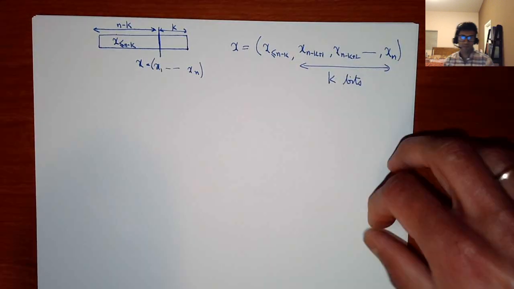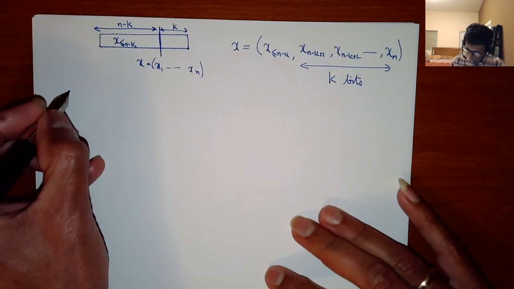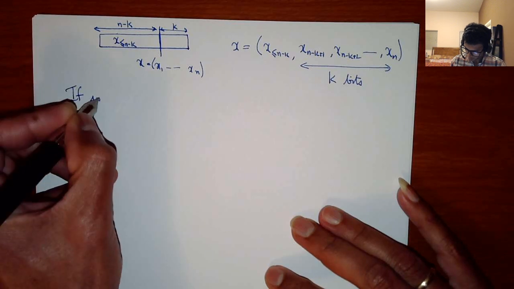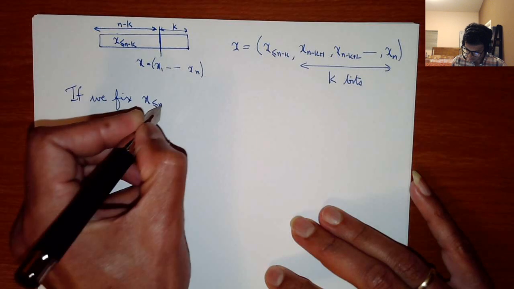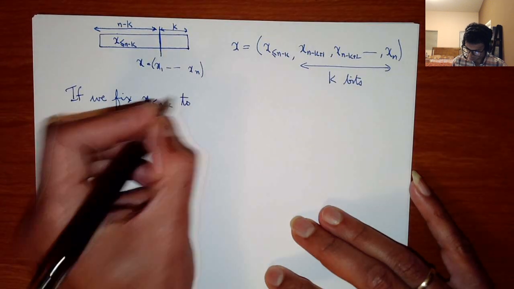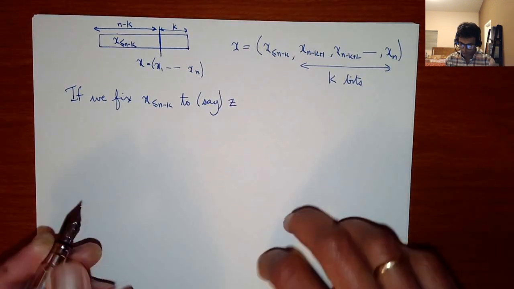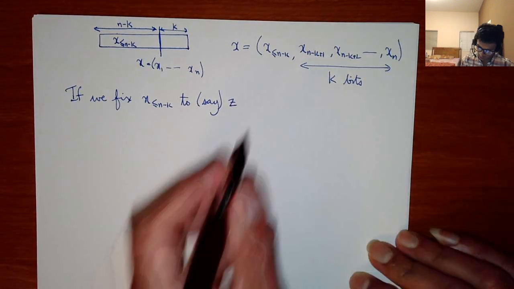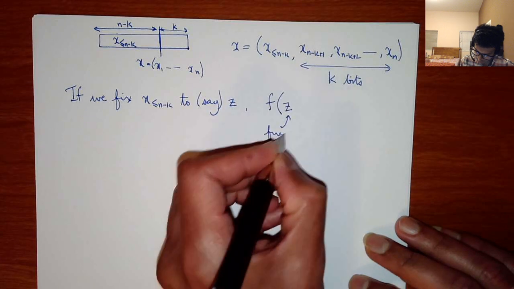If we fix x less than n minus k to, say, z, so imagine that you fix this to z, then we could look at f_z, but z is fixed, so don't think of this as an input.